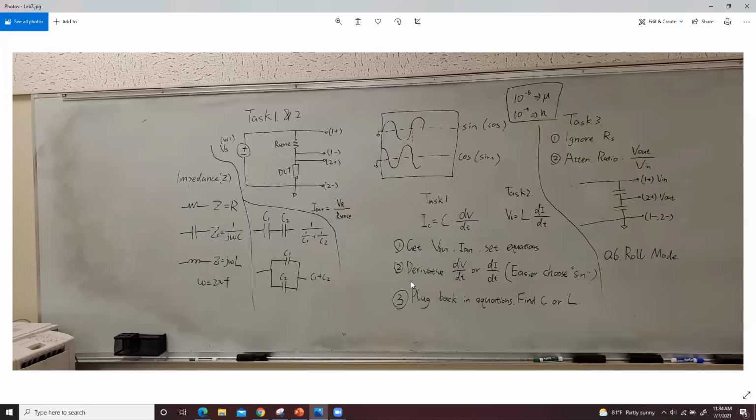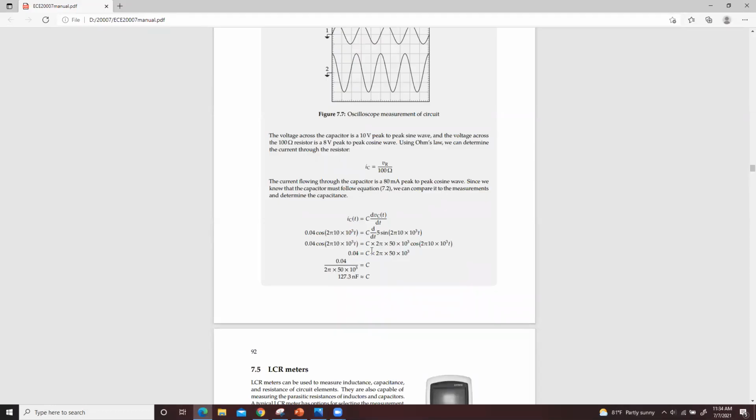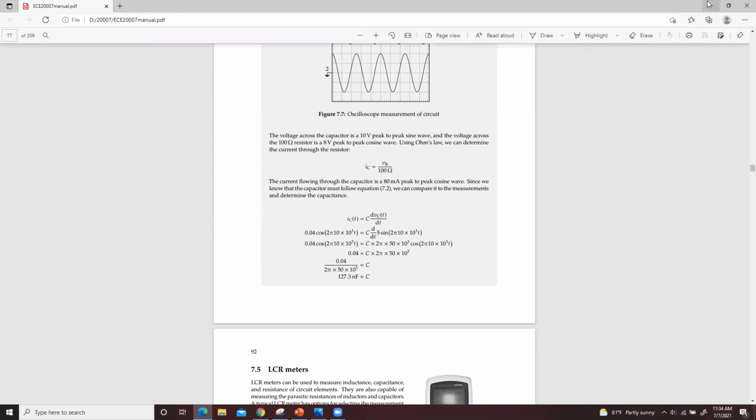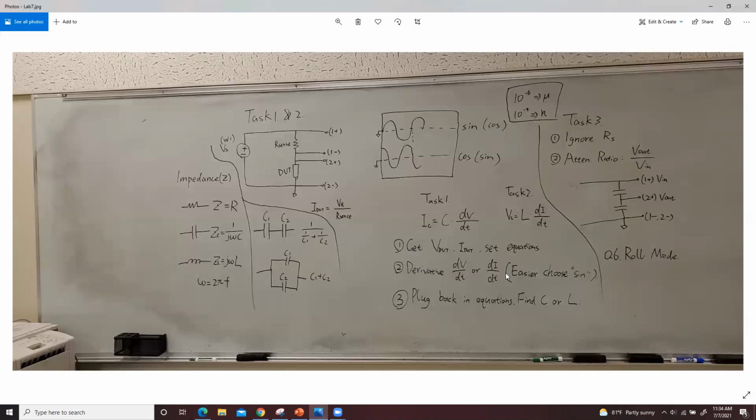After you do the derivative, it will simply be two functions on the two sides of the equation, cosine wave something or sine wave something, and then you can do the consolidation. Then some number will be left. As shown in this example, the cosine or sine will cancel each other, and then you will have some numbers. After that, you will be able to find the capacitance or inductance.